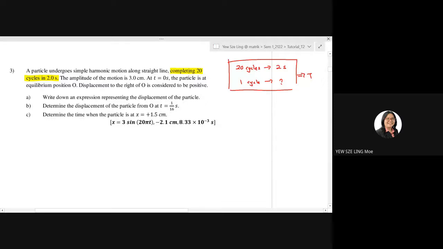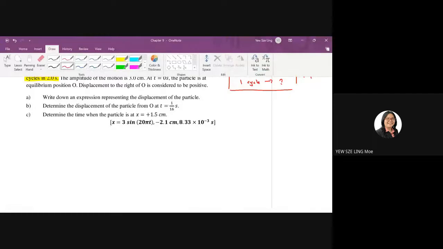Because you're given 20 cycles in 2 seconds, so 1 cycle equals how many seconds? That is the thing that you need to know. The amplitude of the motion is 3 cm. So this is your A. And then at time t equals 0, the particle is at its equilibrium position. Now, what is the function of this statement?